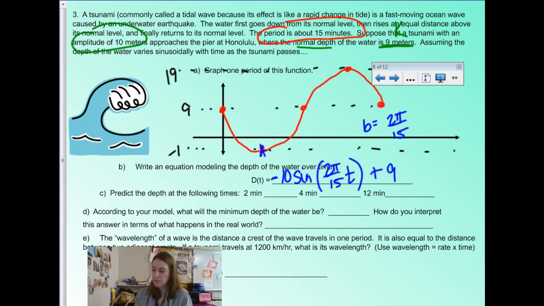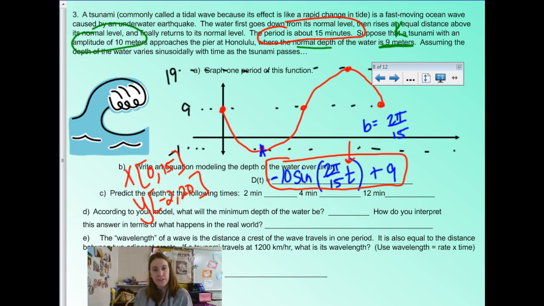So same idea. We're going to go to our calculator. Go ahead and pause the video and get this typed in, please. And you're going to replace that variable with an x when you go to your calculator. As far as window goes, again, you can try zoom trig and see if you like that better, but if I look at my predictions 2, 4, and 12 minutes out, so I'm going to make my x's go from like 0 to 15, and my y's, -1 to 19 is the range, so how about we go -2 to 20.